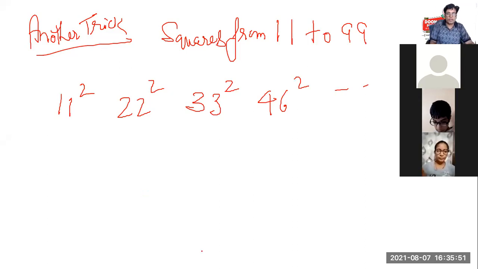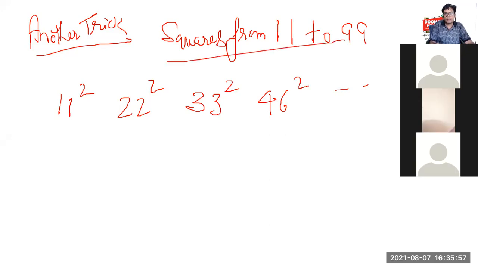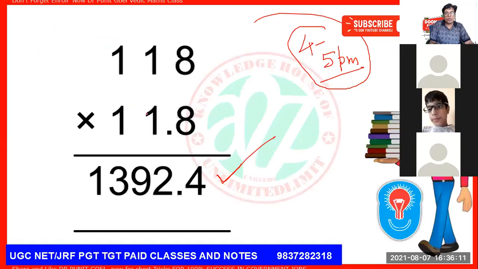Now see, write it down. Squares from 11 to 99 can be told in just few seconds, just in a second. Okay, now see what is the method.